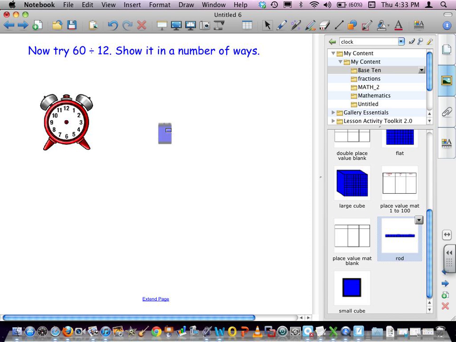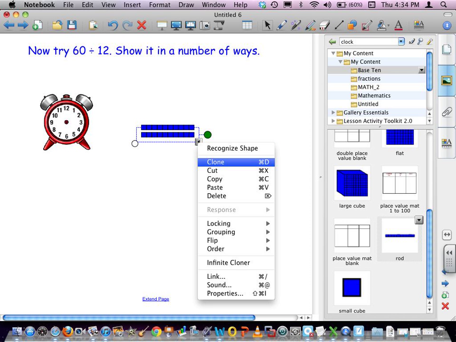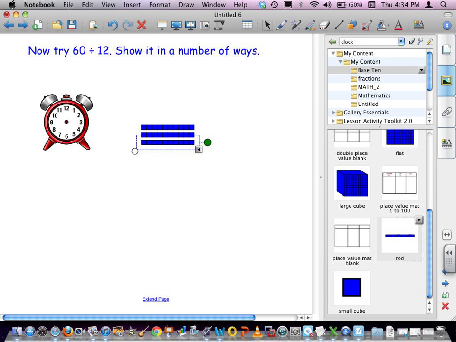If you think about rods, if I have 60 of them, or 6 rods, which is 60, I can't make it 12 wide if I only use rods, right? So there's my 60, but if I think about taking one of them and trading it for little cubes, I can break that into 5 equal parts and put 2 in each end, right?